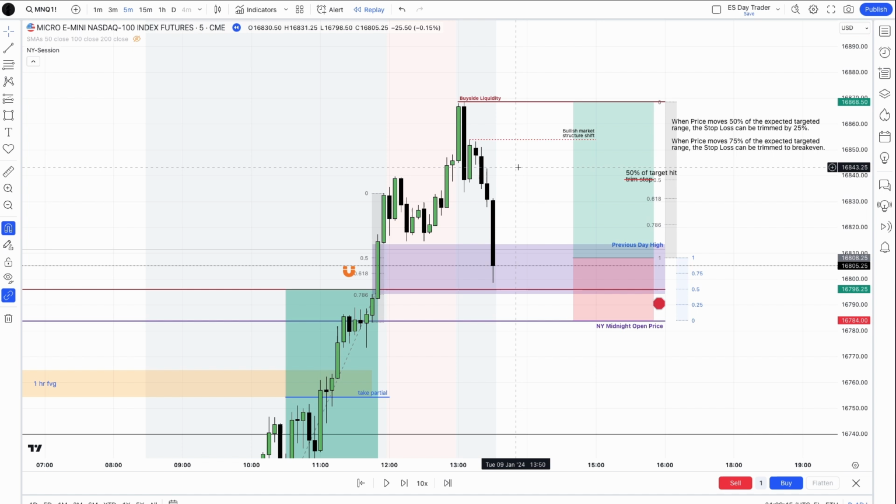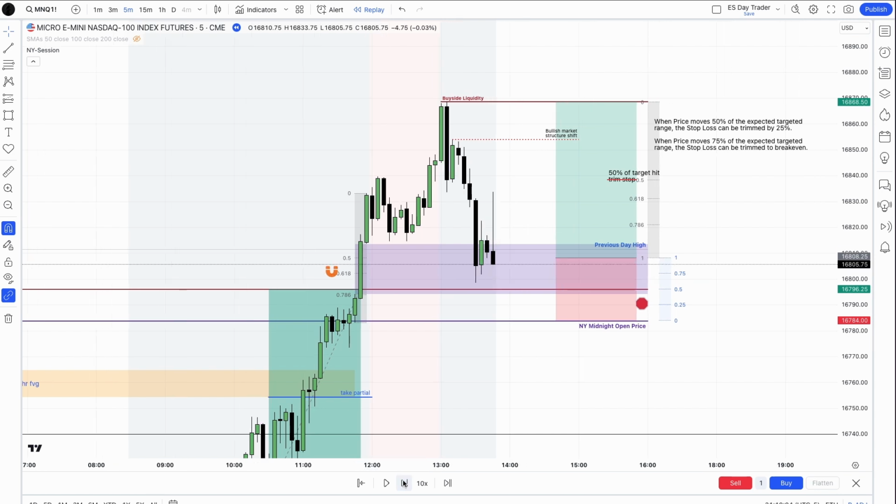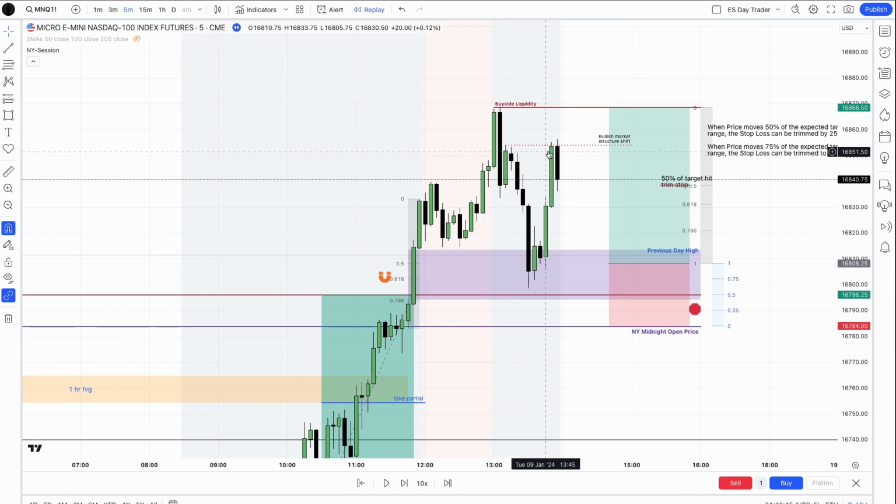Now, the reason we don't take this trade is because I want to see a market structure shift. That is the higher probability trade. When we take out these relative equal highs, that's the market structure shift of bullish.